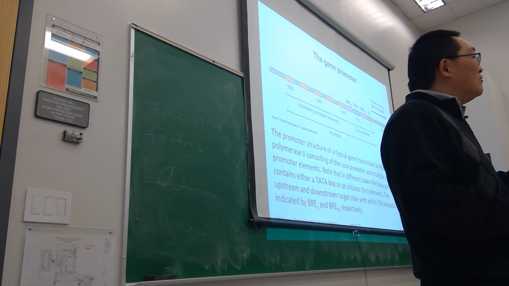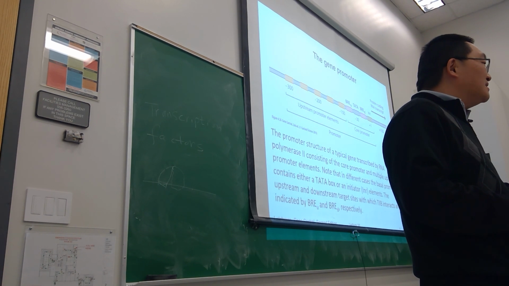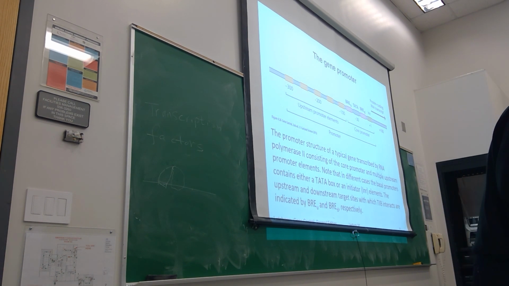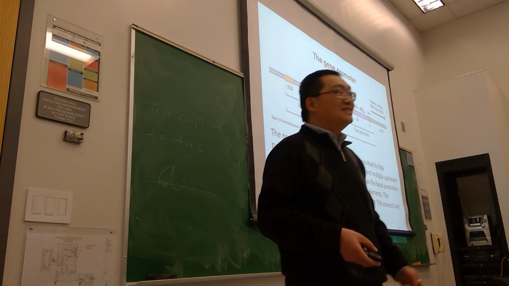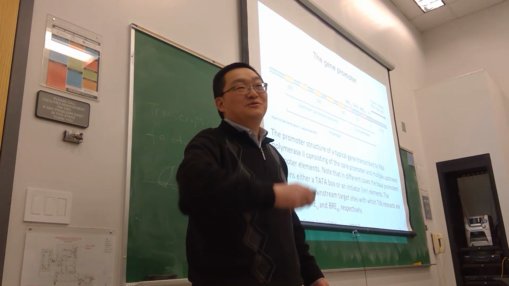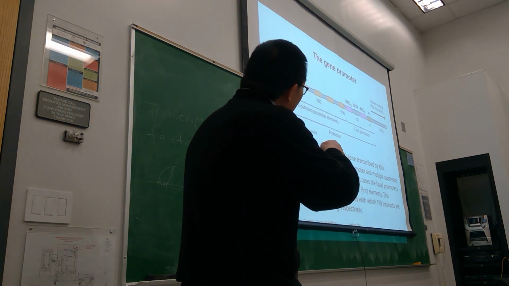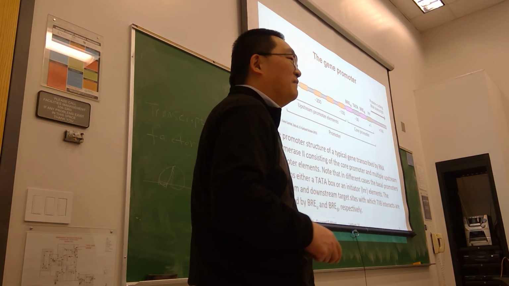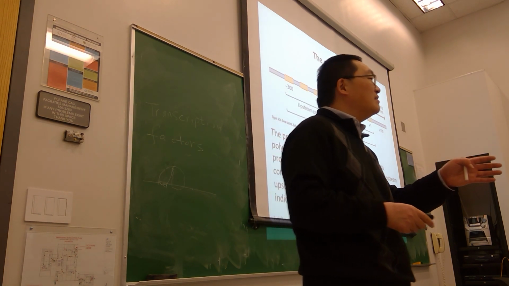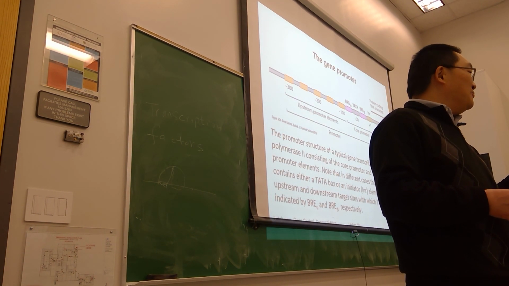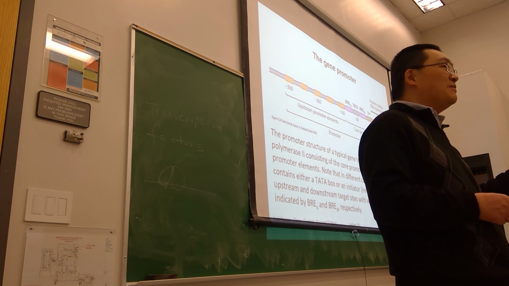Because you have a roadblock. What is the roadblock? The nucleosome, right? You have to remove the nucleosome. Make sense? So all the transcription factors may interact with the epigenetic factors we talked about last week, Monday.